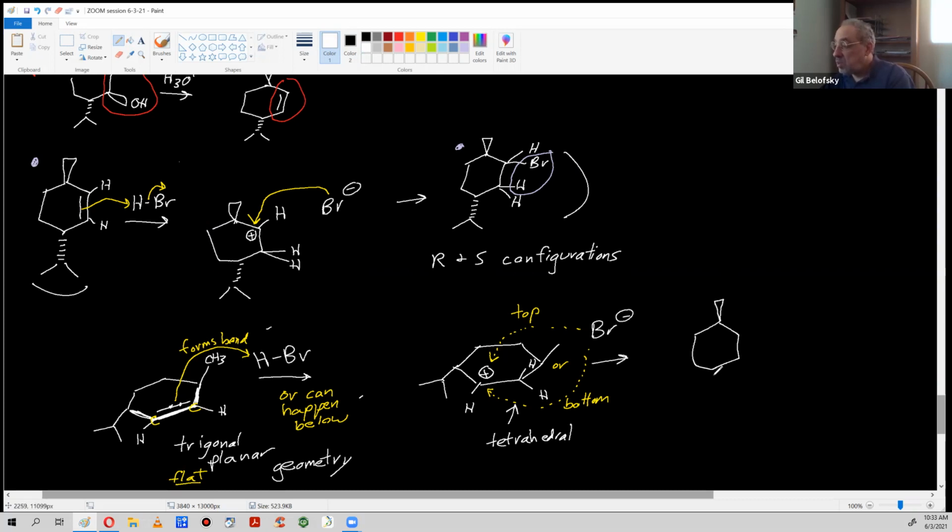This hasn't changed. This hasn't changed. There's two hydrogens here now, and that's tetrahedral. But in one version, you have the hydrogen up and the bromine down. And in another version, which is equally likely, you have the hydrogen down and the bromine up.